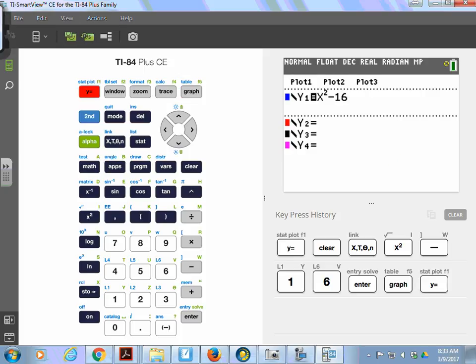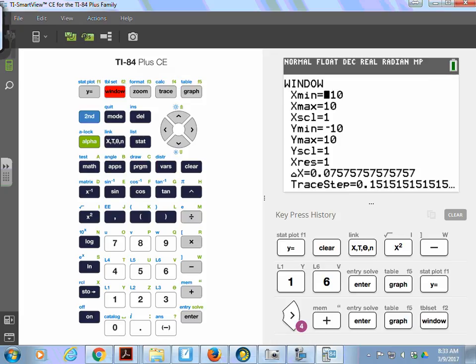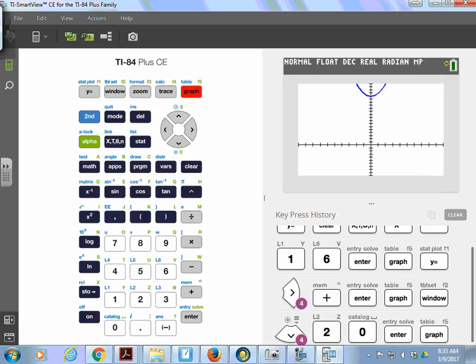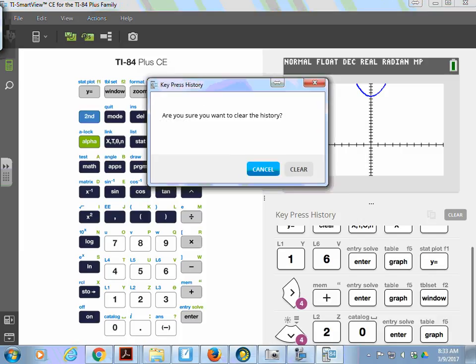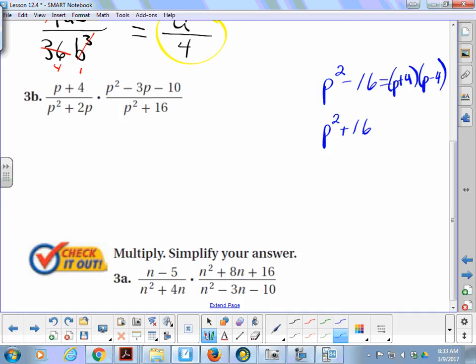If I change this minus to a plus, it's now the sum of two squares instead of the difference of two squares. Now it does not cross the x-axis because the y-intercept is now up at 16. And so that graph was shifted up so it doesn't cross the x-axis. So the thing to remember is I can factor difference of two squares. I cannot factor the sum of two squares.